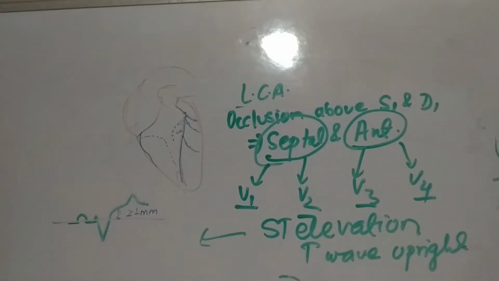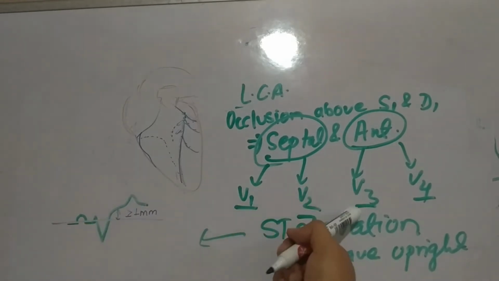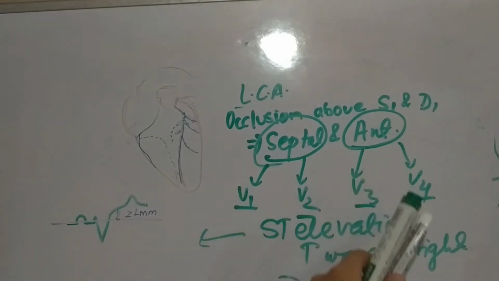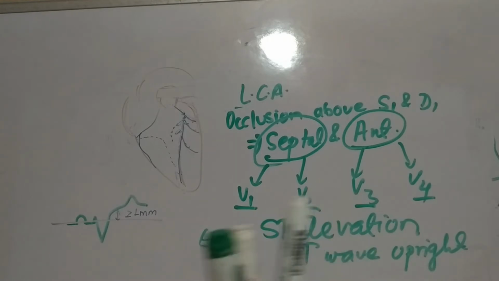Okay, so in V1, V2, V3 and V4 you will be finding these changes. So in case of septal and anterior leads, V1, V2, V3 and V4, they will be having ST elevation and T wave upright.